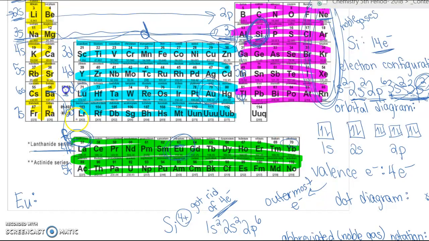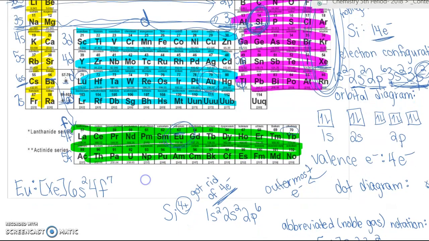So it's like this row is up there, and this actinide series kind of fits in right there. So if we were to do europium, the noble gas that's before it is Xe, so you'd write that in brackets. And then we're just picking up right there, so it'd be 6s2, and then remember we're going to pop down here to get to europium. So that'd be 4f, and then how many in? 1, 2, 3, 4, 5, 6, 7 in on that.